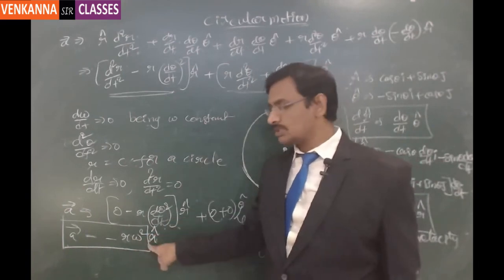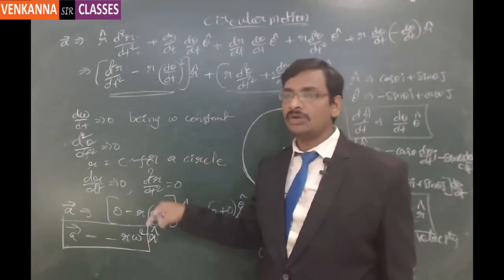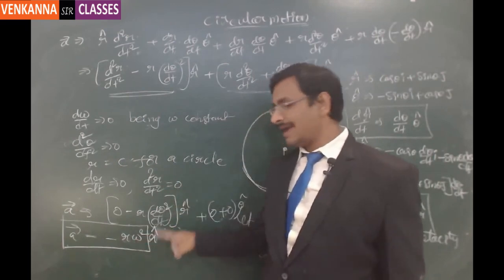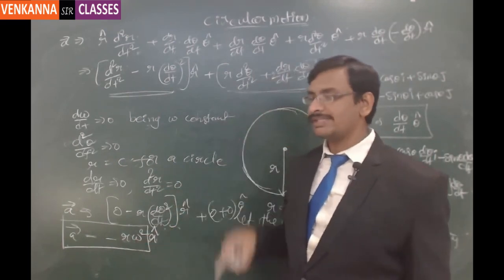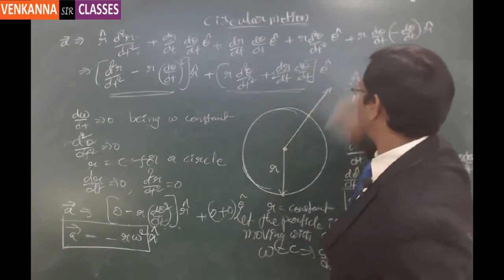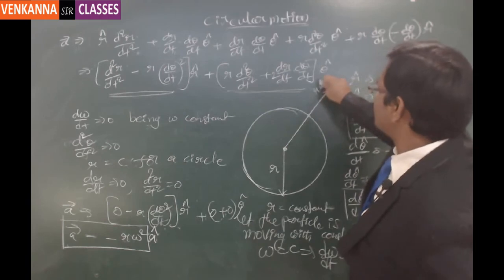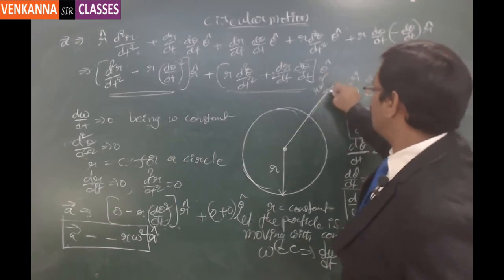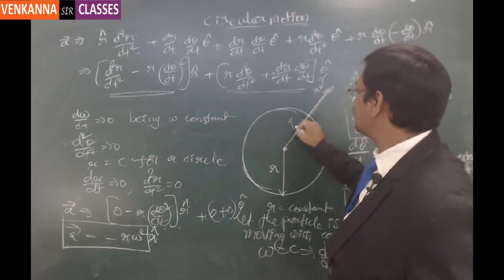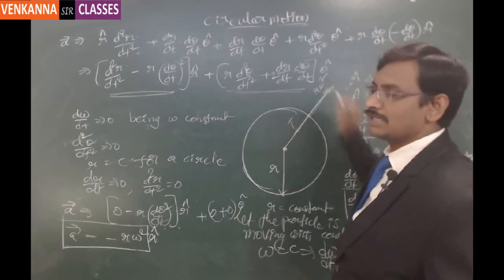The tension is equal to this, and the same thing is equal to the centrifugal force, with the same magnitude but the direction opposite to the centripetal force, which tries to drag the particle outward. So r omega square acts outward, and the tension that balances it is minus r omega square.